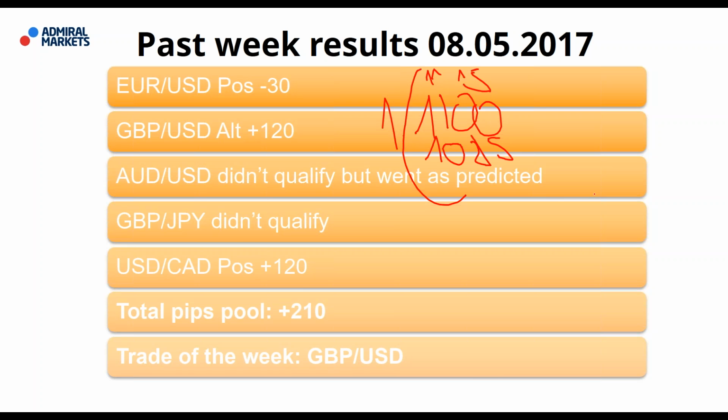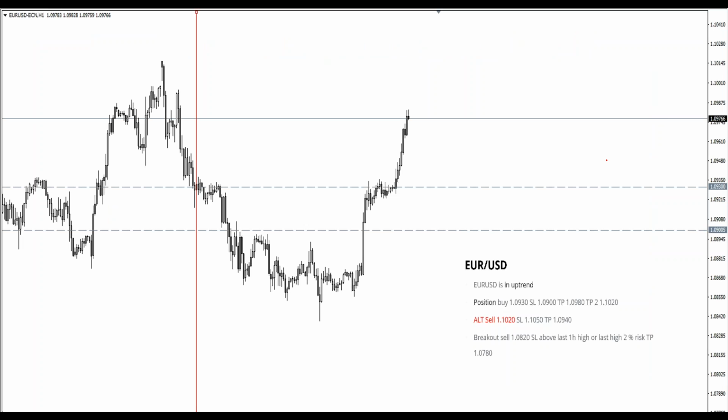That is very important. So this is what happened for euro dollar previous week. This vertical line is the exact time of our webinar. So what happened was, euro dollar, we had a buy position initiated. Well, actually it went into a loss, hitting our stop loss of around 30 pips, because price went a little bit down.